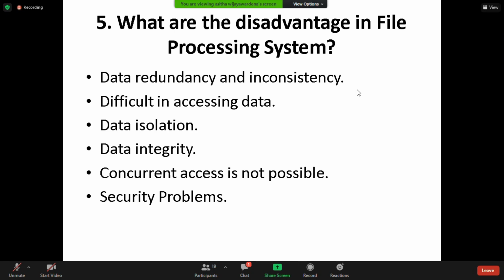Again, if you save the other one, then it overwrites the first one. Likewise, you cannot do concurrent access. None of the people can access this concurrently. It loses some data. The other thing is the security problem. Only you can have file level security, so you are not able to provide a higher level of security to file processing systems.